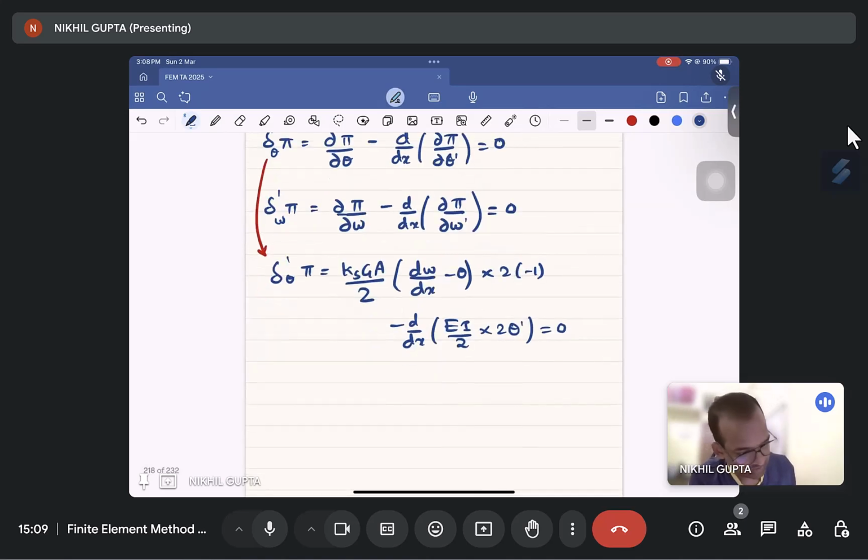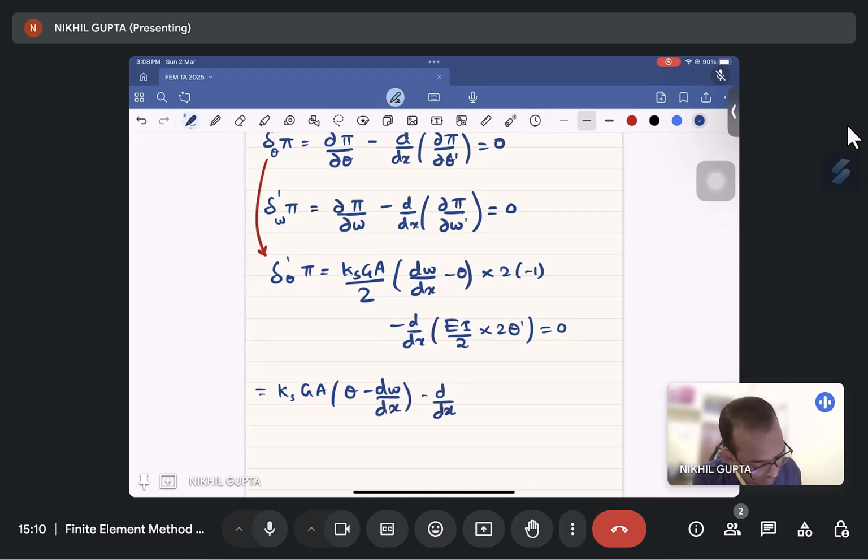So this is the equation 1, but let's solve this further. So what it will give, ksga into dw by dx minus theta, minus d by dx of EI theta dash equals to 0.